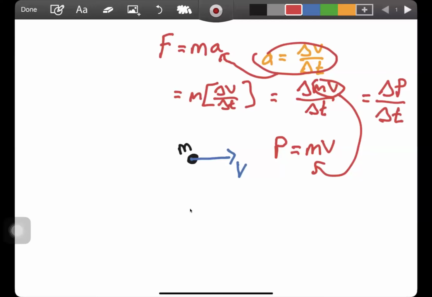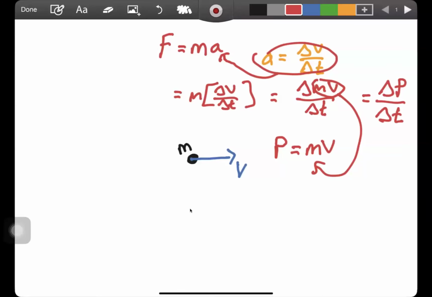So in other words, you can think of Newton's second law as force equals the change in momentum over the change in time. That is another way in which you can think of Newton's second law, because acceleration is related to velocity and velocity is related to momentum.